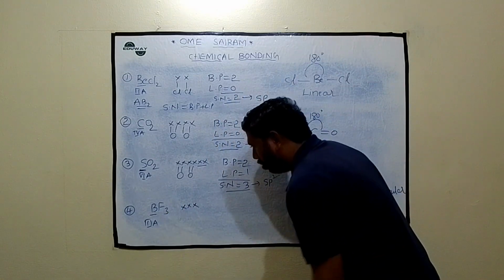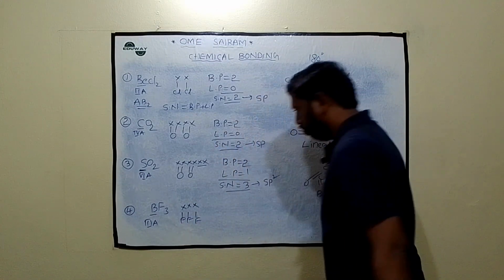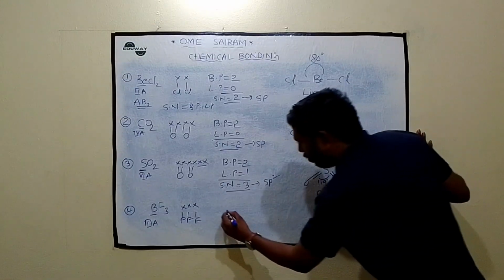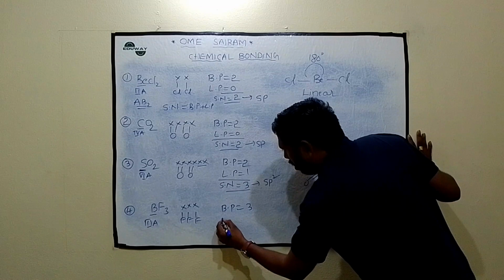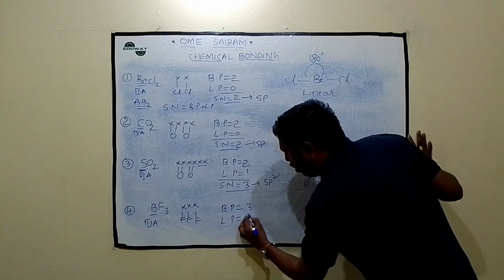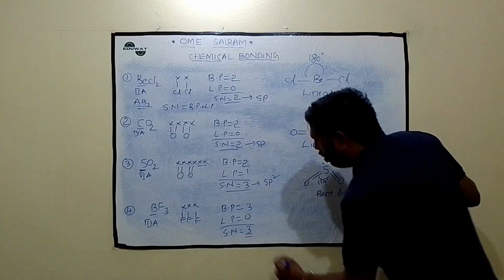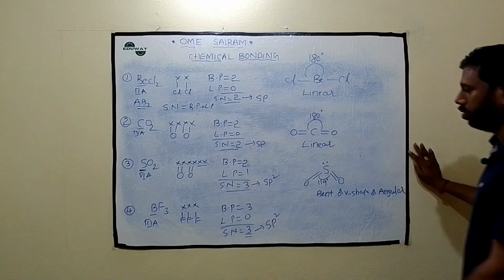Boron is forming 3 bonds with 3 fluorine atoms. How many bond pairs? 1, 2, 3, 3 bond pairs, and lone pairs 0. The steric number is 3 plus 0, equal to 3. So if the steric number is 3, the hybridization should be sp2.